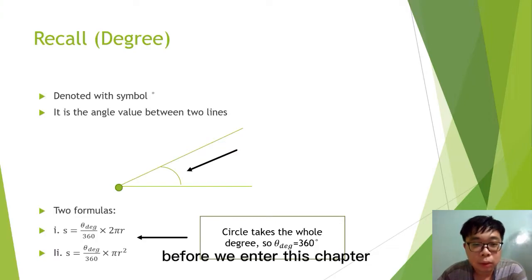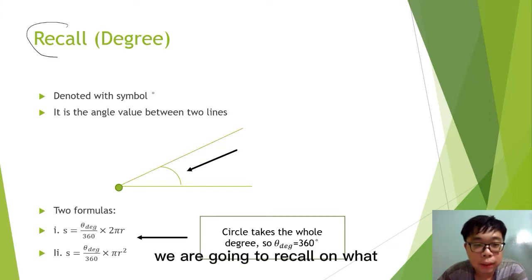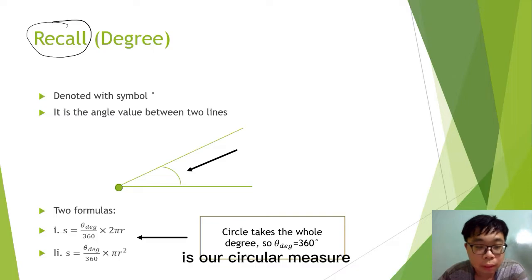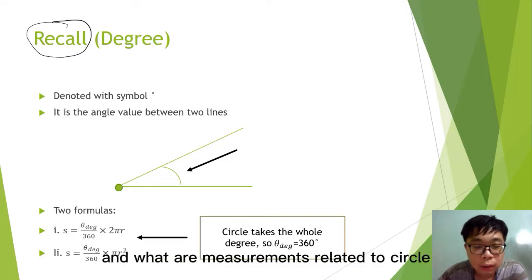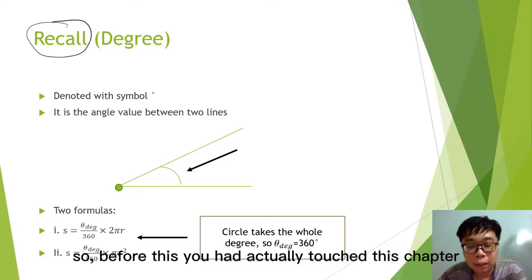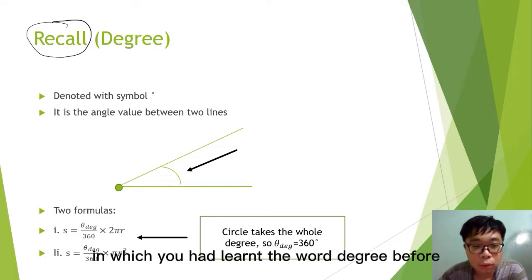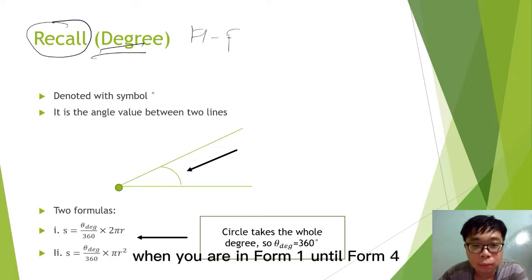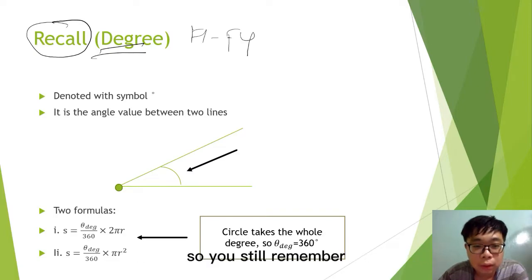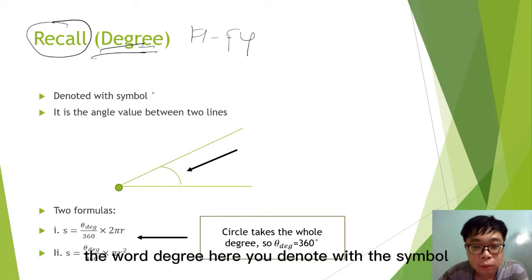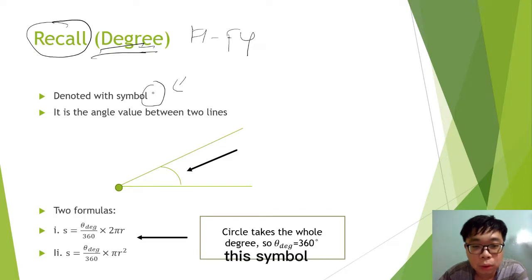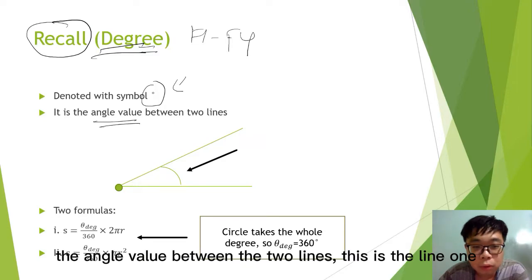Before we enter this chapter, we are going to recall what circular measure is and what measurements are related to the circle. You have actually touched on this before, when you learned the word degree in Form 1 until Form 4. The degree symbol denotes the angle value between two lines.